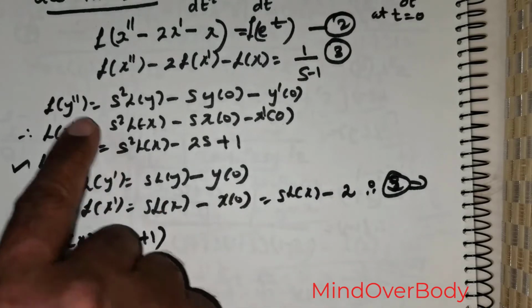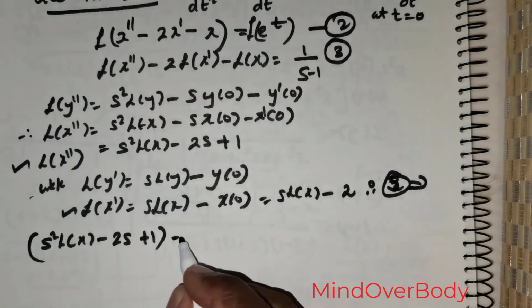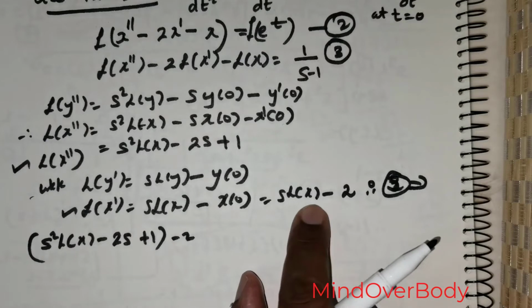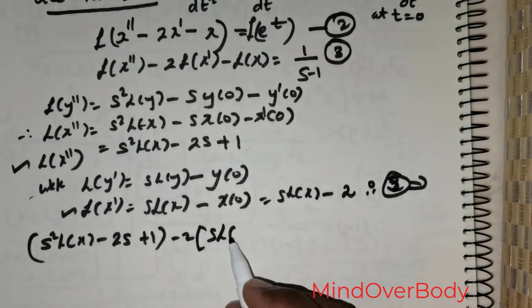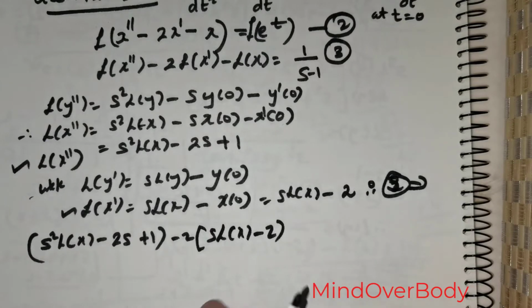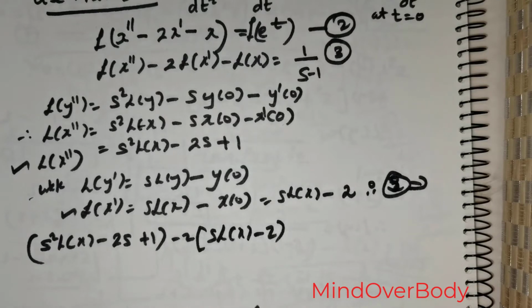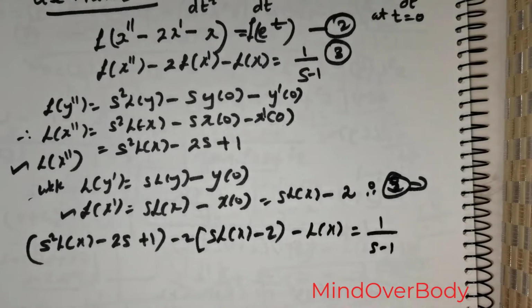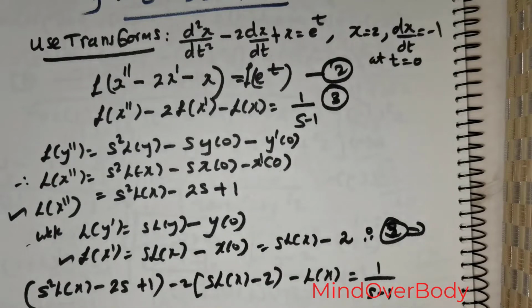So that's for this term. Negative 2 times L of x dash. L of x dash is S into L of x minus 2. That's fine. So this has to be followed by negative L of x is equal to 1 over S negative 1. Okay. Alright, we've got this.